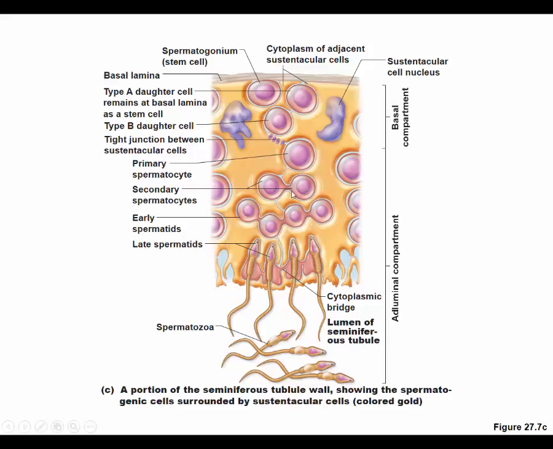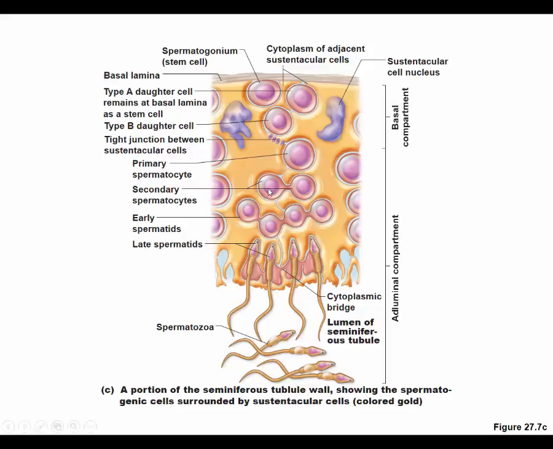If they underwent meiosis 1, what would the chromosome number be here, haploid or diploid? Haploid. So 23 chromosomes in each of these. The secondary spermatocyte has 23 chromosomes, or haploid. The primary spermatocyte had 46, or diploid.